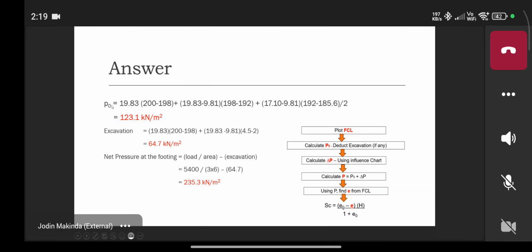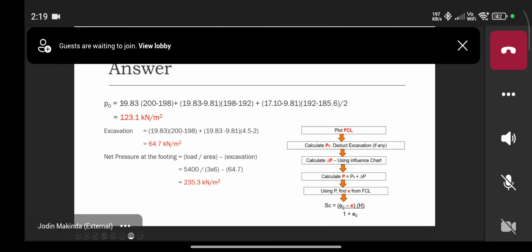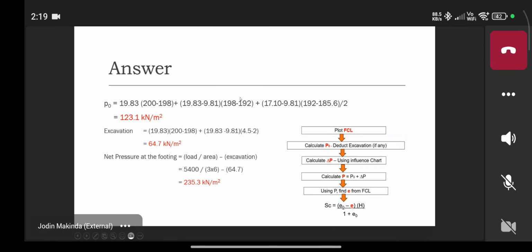So you calculate the P naught here: unit weight multiplied with the thickness. If there is a groundwater table, then you subtract the groundwater table. So you obtain the effective overburden pressure as 123.1.